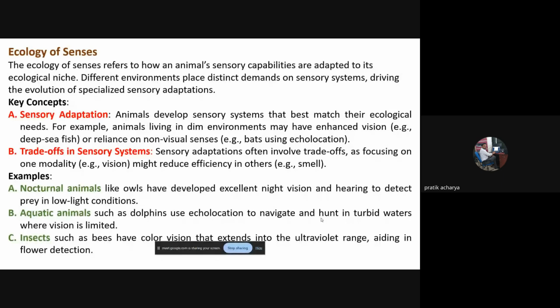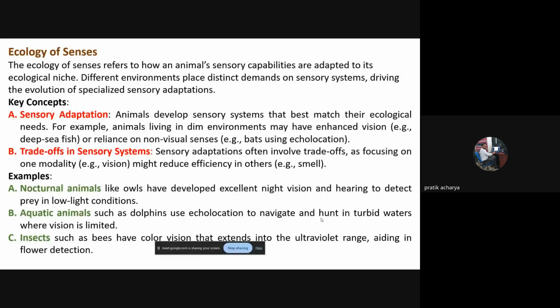Ecological niche is the condition. Different environments place distinct demands on sensory systems, driving the evolution of specialized sensory adaptation. So what is the sensory adaptation? Animals develop sensory systems that best match their ecological need. That is the sensory adaptation.